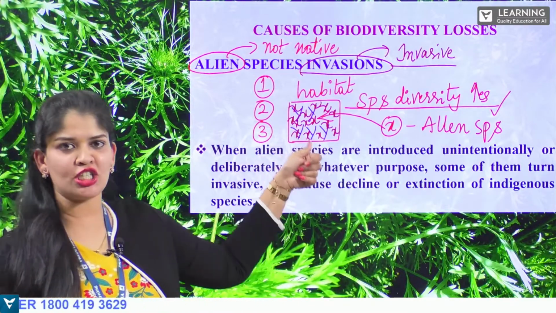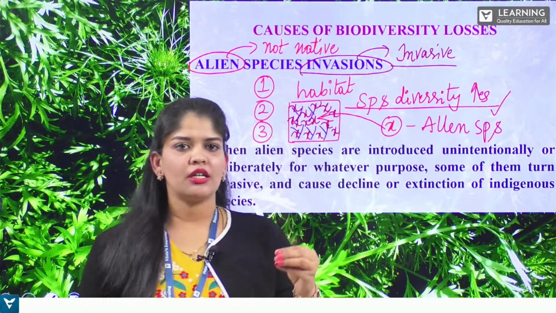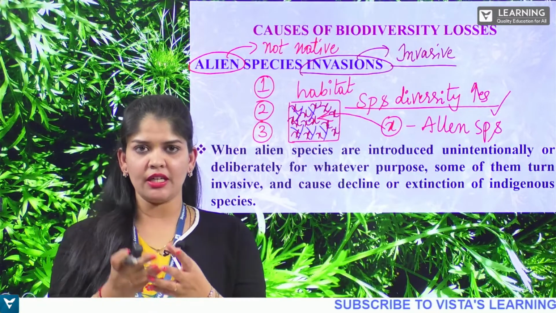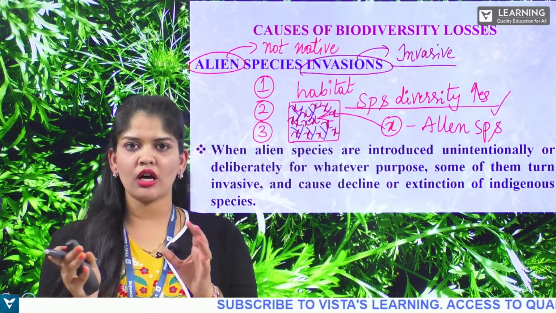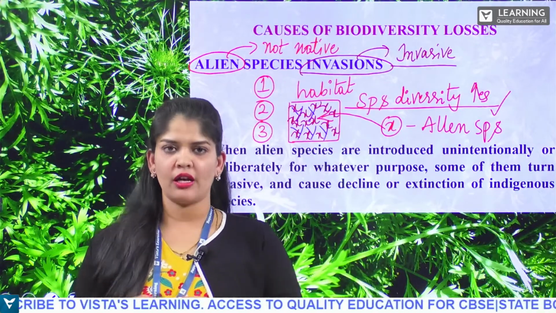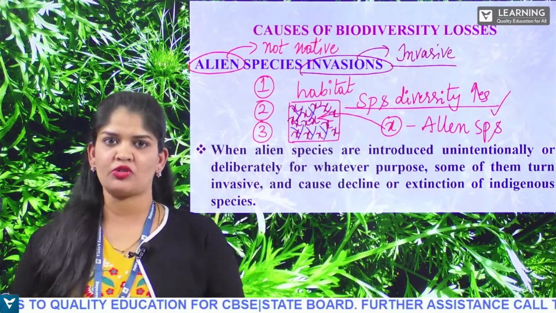That means indigenous species. Now, if a foreign species is introduced into the habitat, there is a competition. Both the organisms, native and non-native, that is alien or foreign, start competing for the naturally available resources.